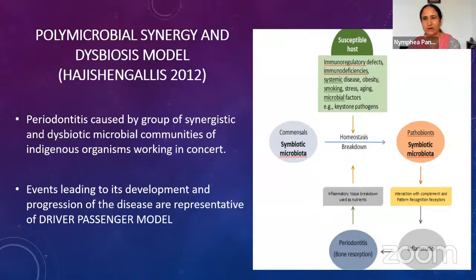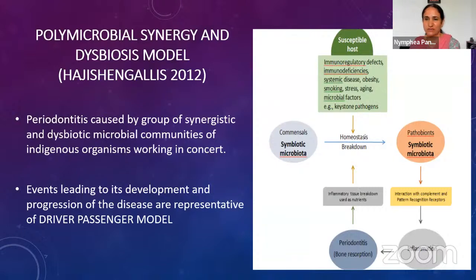dysbiosis is not exactly explaining the periodontal pathogenesis, so let us work on a model which gives an idea about a group of organisms which are not abundant, which are very few in number, but they are the drivers, and there are passenger bacteria. What do we mean by driver and passenger bacteria? Drivers are the ones which are less in abundance, but they initiate the process of dysbiosis, and then there are many organisms which take advantage of these driver organisms.